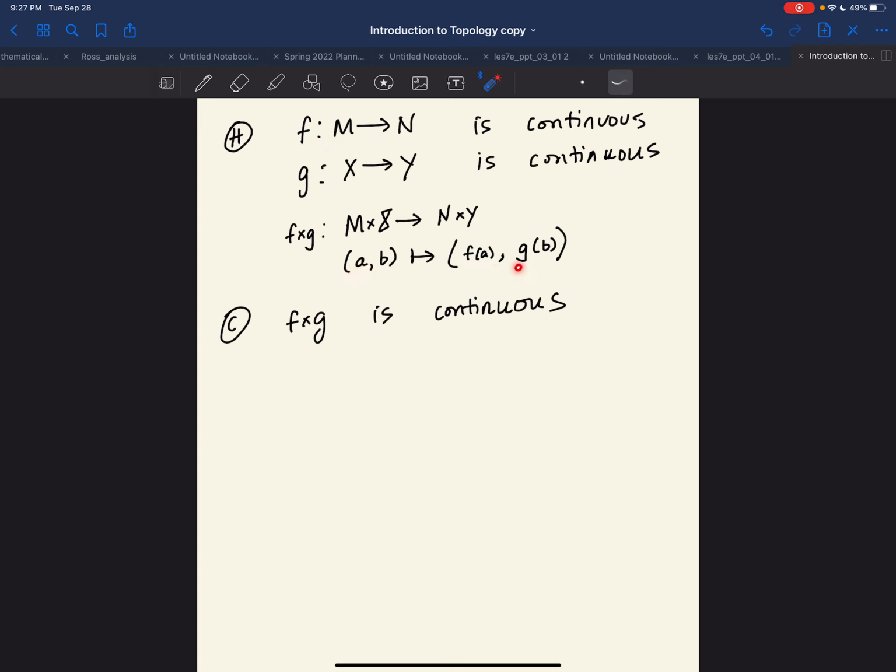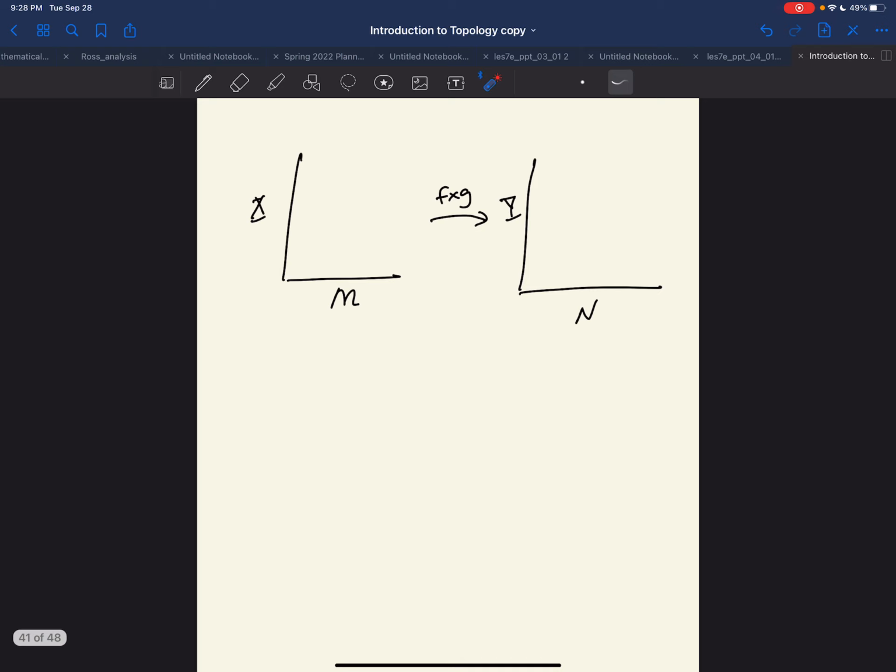And similarly, the output in the second coordinate is going to be g applied to the second coordinate of the input. So our claim is that if f and g are continuous, then f cross g is continuous, right, on the cross product. And let's look and see what that looks like when we want to get an idea of it. So f takes points in m and sends them to points in n.